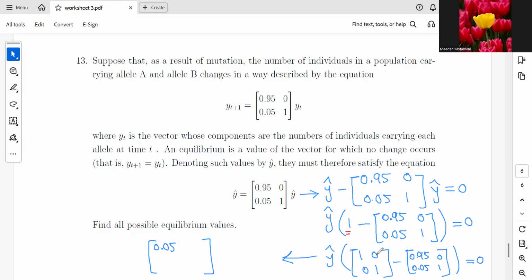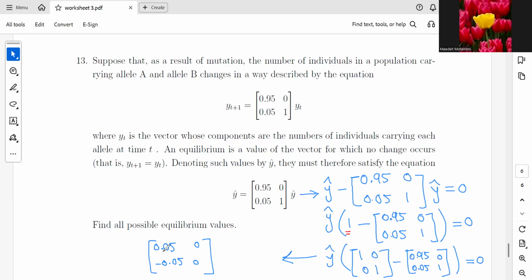For the second one, 0 minus 0 is just 0. And for the entry, which is number 2, 1, will be 0 minus 0.05, which is negative 0.05. And last one, 1 minus 1, which is 0.